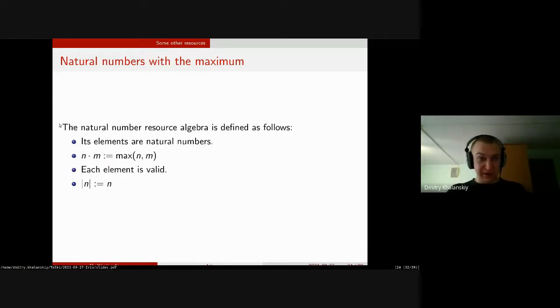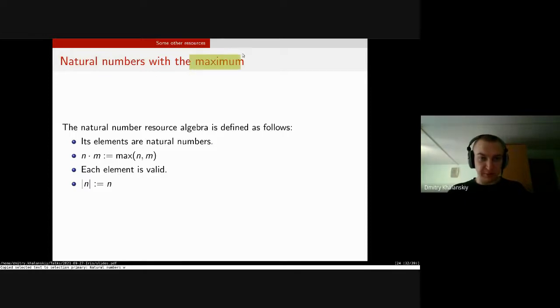And another resource algebra that leaves us with the same question, why would we need this one, is the resource algebra of natural numbers with the maximum. The elements are, once again, natural numbers.